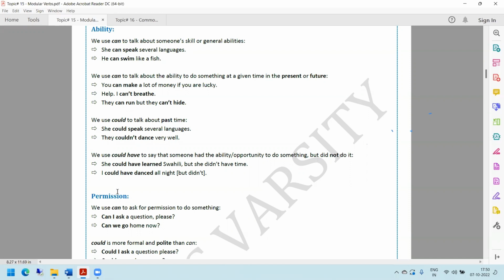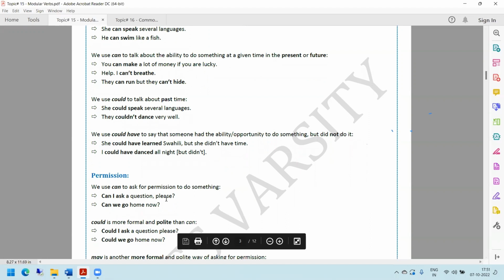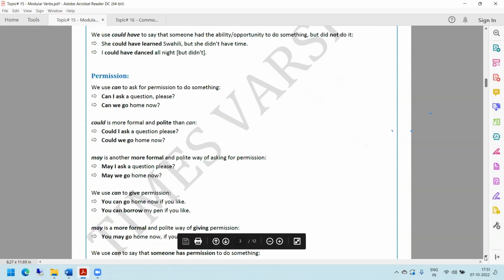Similarly, to express permission, we use can to ask for permission to do something. For example, can I ask a question, please? Or can we go home now? So these are examples of permission.